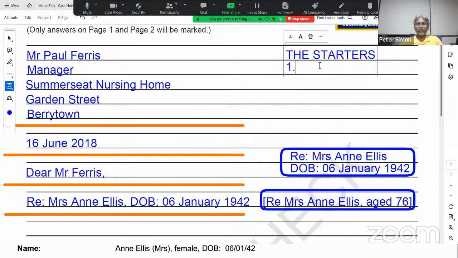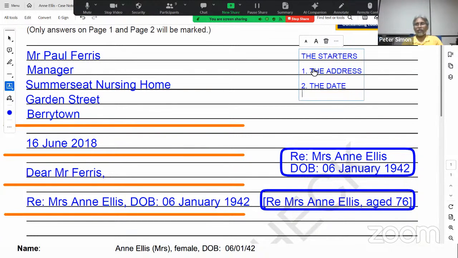Number one, the address. Number two, the date.